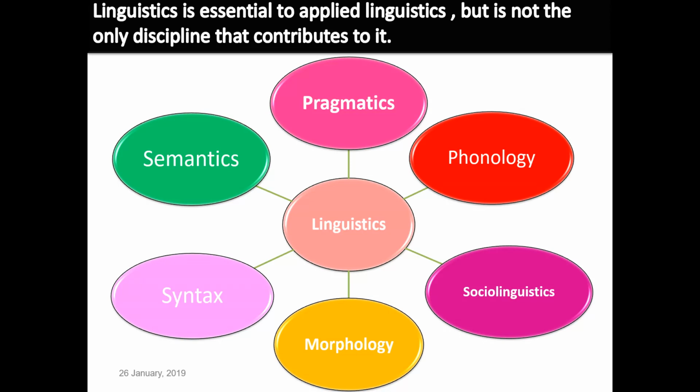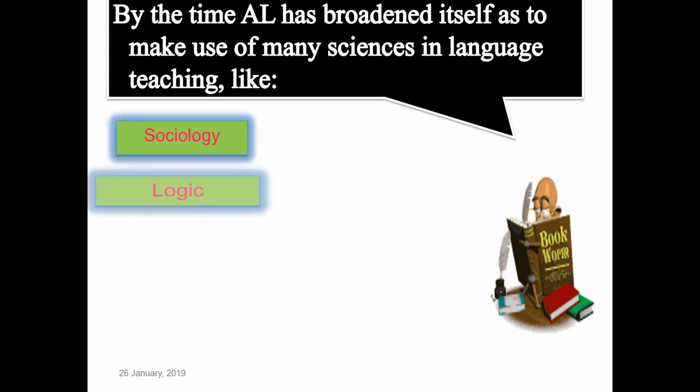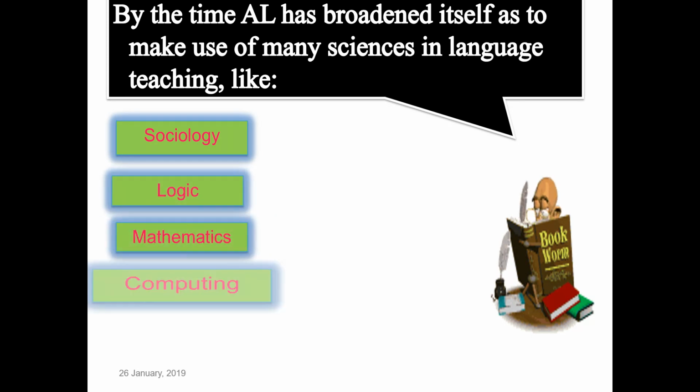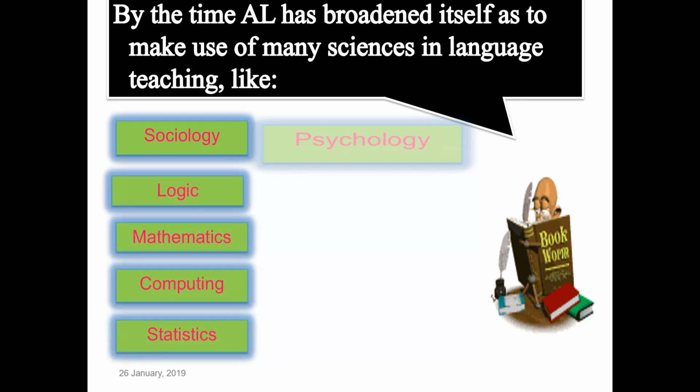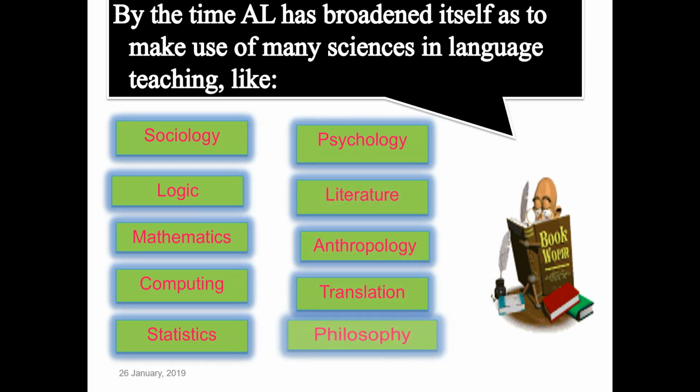Applied linguistics has multiple links or networks, like pragmatics, syntax, semantics, morphology, sociolinguistics, and phonology. By now applied linguistics has broadened itself to draw on many sciences in language teaching, like sociology, logic, mathematics, computing, statistics, psychology, literature, anthropology, translation, and philosophy. So applied linguistics has multiple resources.